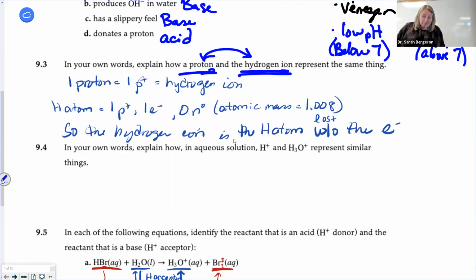So now, in an aqueous solution, what does that mean? Aqueous solution means in water. H+ and H3O+ represent similar things. So how is that true?